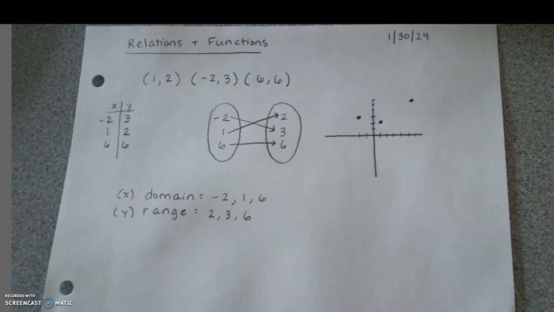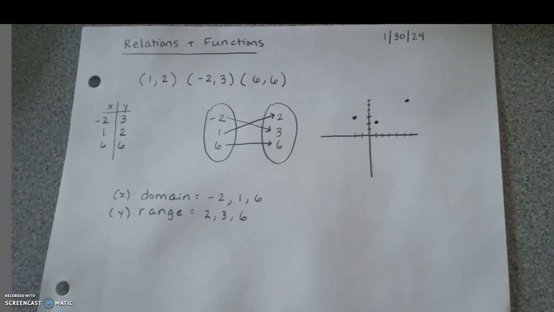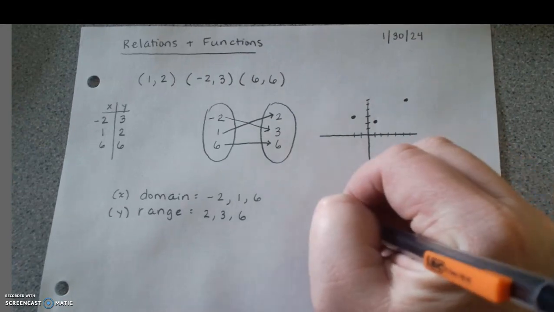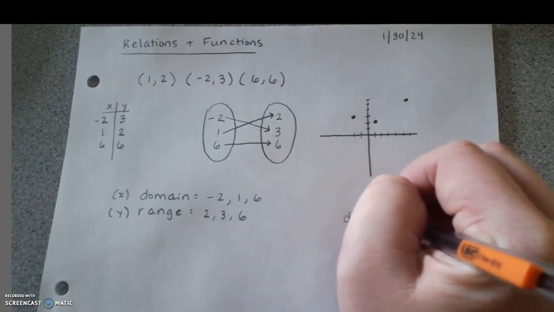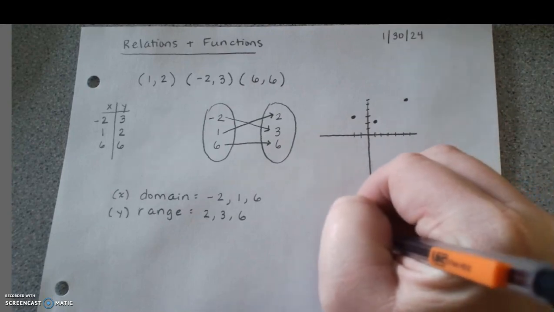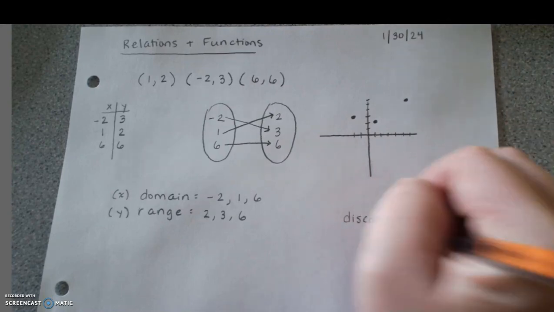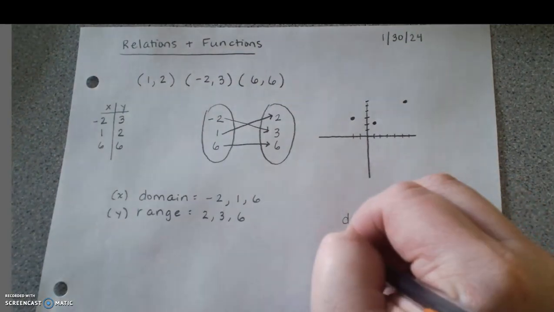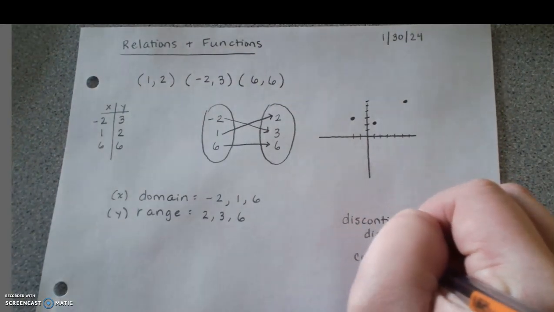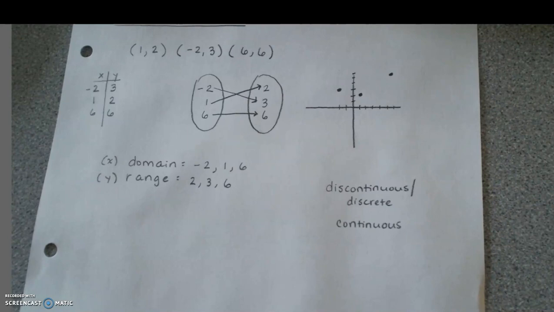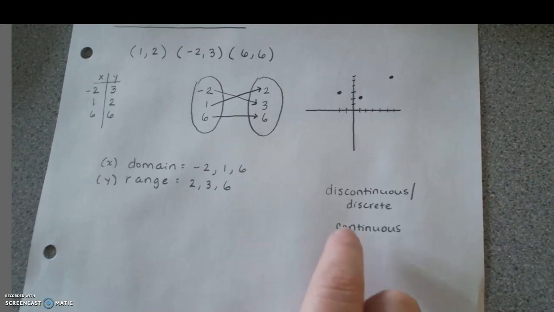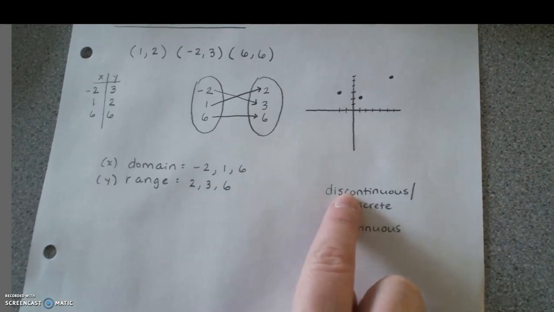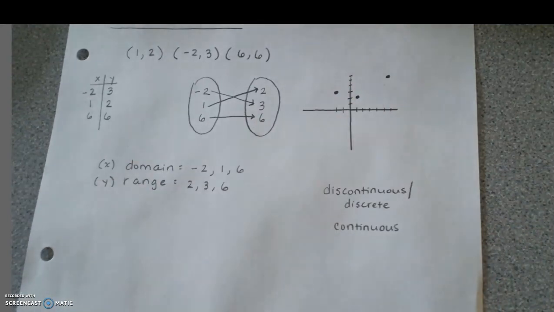And one thing that the video did not talk about that I just wanted to mention were 2 vocabulary words: discontinuous or discrete, and the other word is continuous. Discrete or discontinuous functions are ones where it's just points.